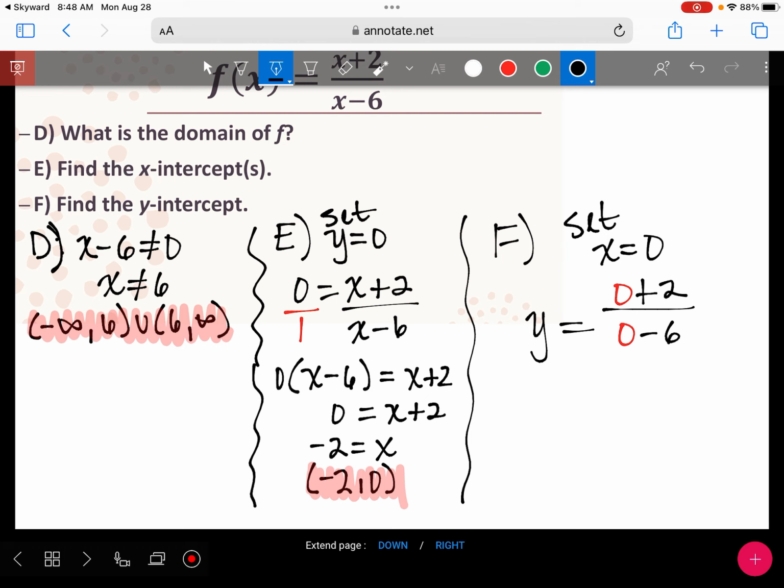Go ahead and find your number. Reduce your fraction. You always reduce fractions. So that would be y equals negative 2 over 6, which reduces to negative 1/3. So your ordered pair would be (0, negative 1/3).